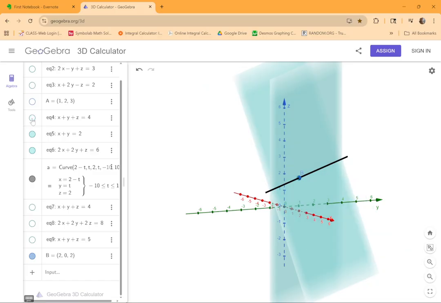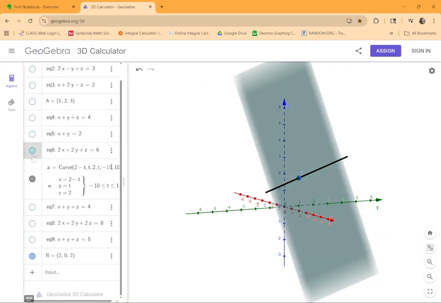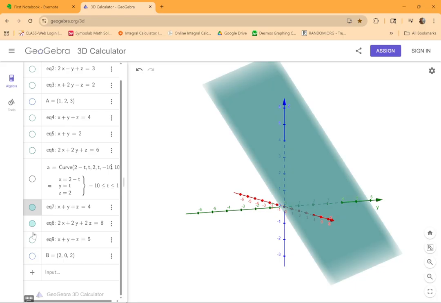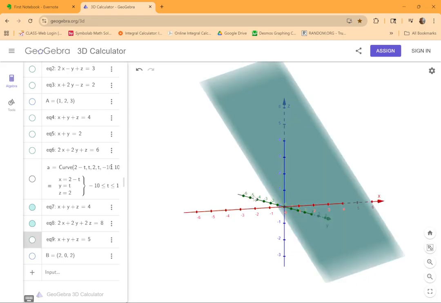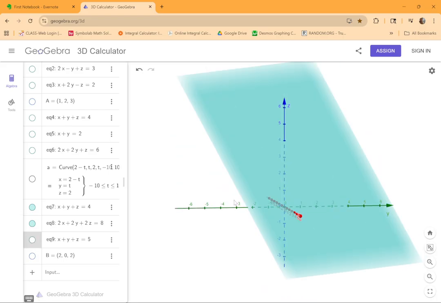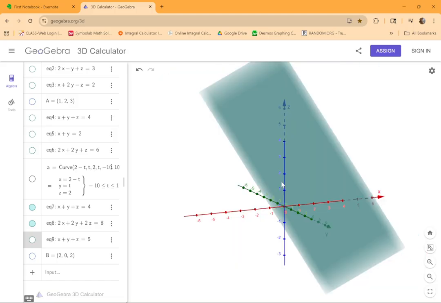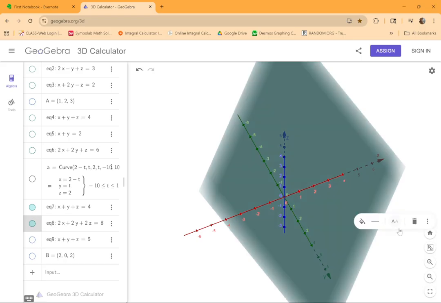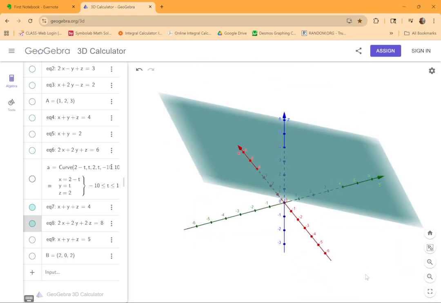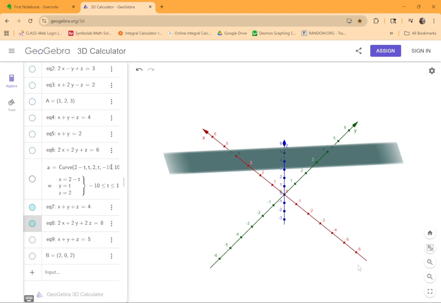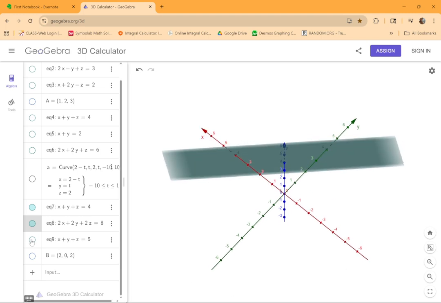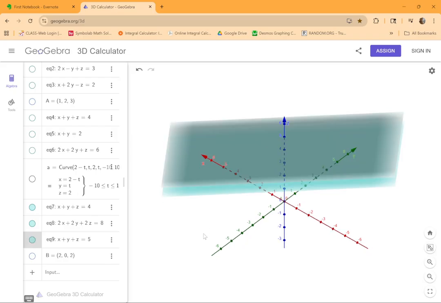So if we look here at these, all right, there it is.